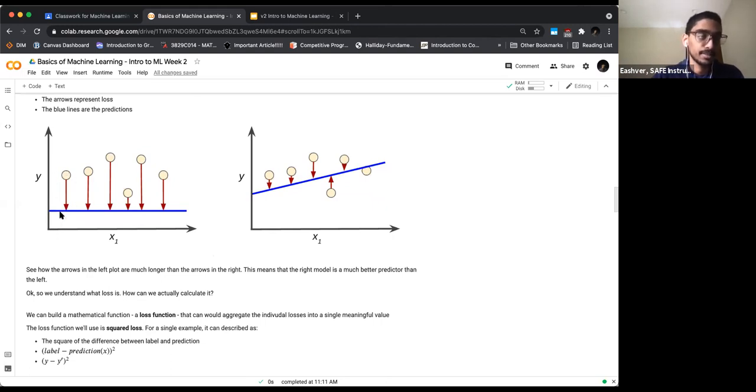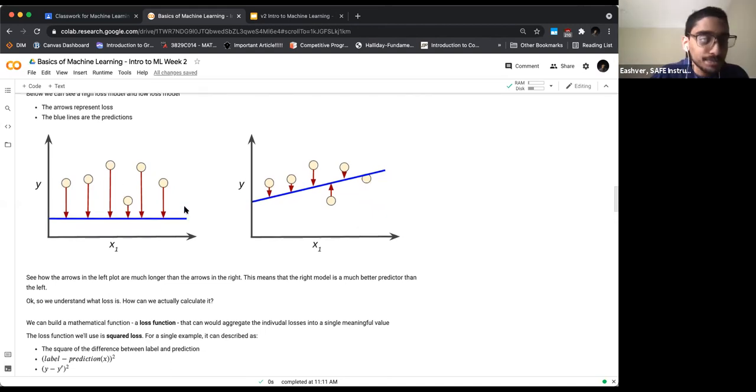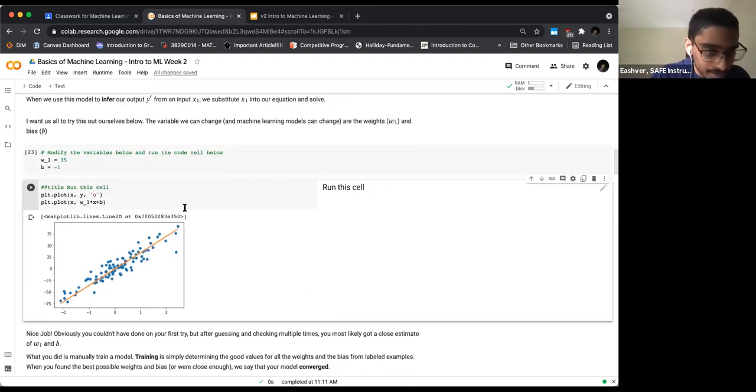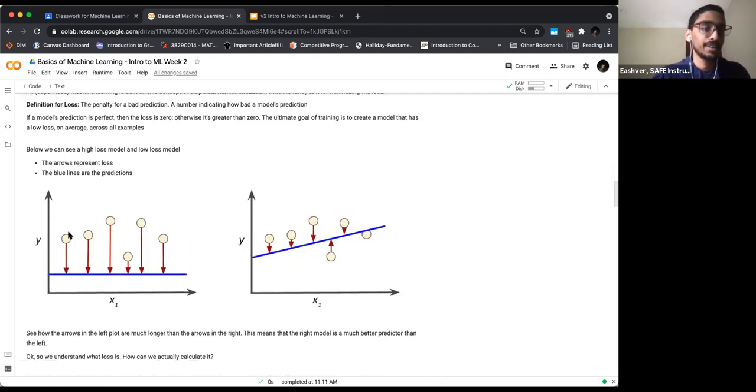So for this example right here, let's say this value is 30 and our x says 10. What might be the squared loss for that?